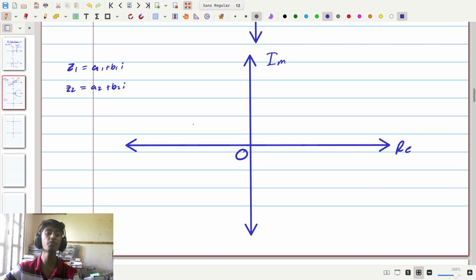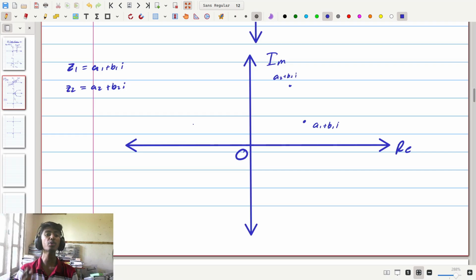Now, let's suppose that the first complex number is somewhere over here and the second complex number is somewhere over here, just for the sake of supposing. So we'll call this one a1 plus b1i and this one a2 plus b2i.